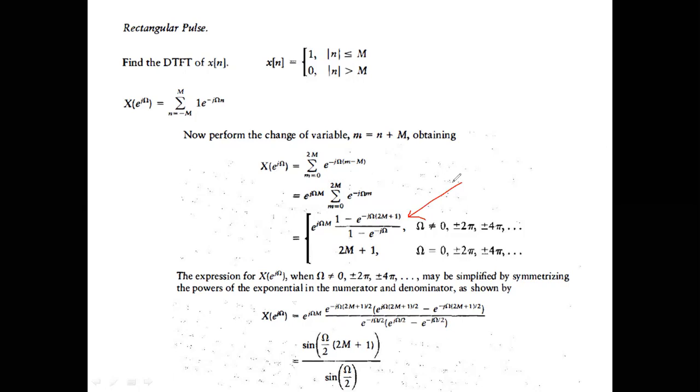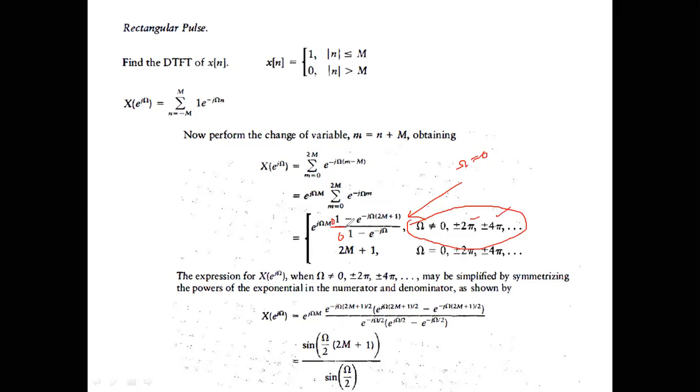But then for omega equal to 0, if I substitute, the denominator is 0, the numerator also goes to 0, which will give me an indeterminate form. That is why the author mentioned here, this exists only for omega not equal to 0, 2 pi, 4 pi, and so on. For omega equal to 0, this was giving me a 0 divided by 0 form.